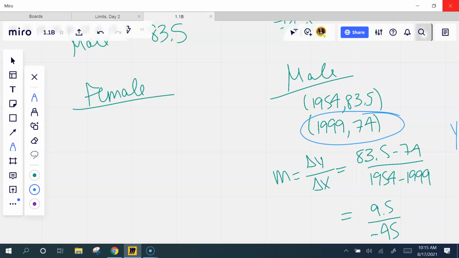Because if 95 is 1995 and 99 is 1999, then 100 would be the year 2000. Does that make sense? So that might get confusing for you.